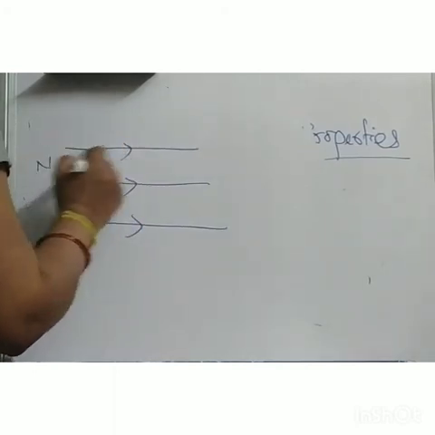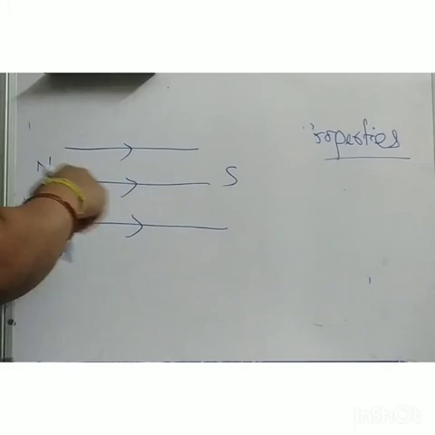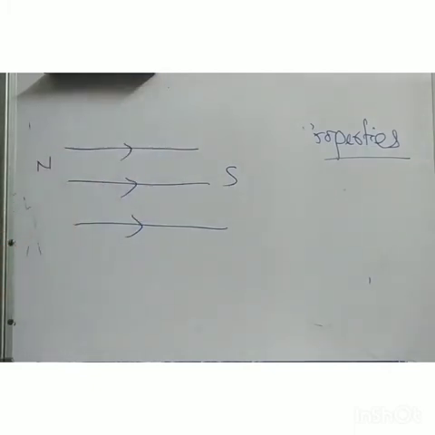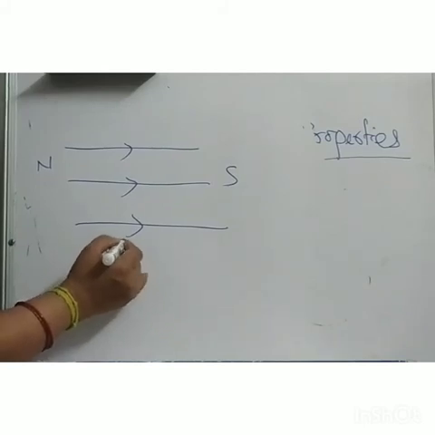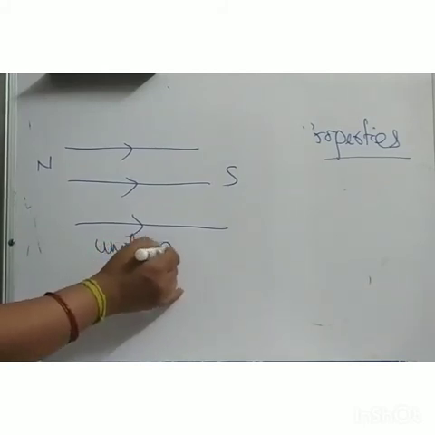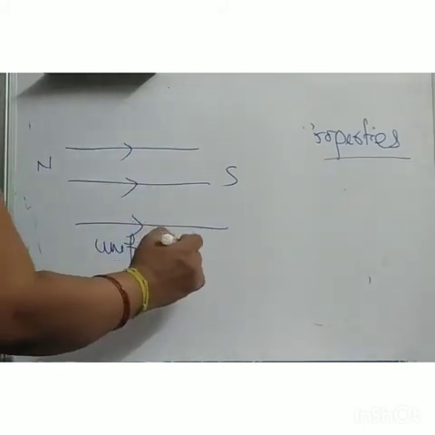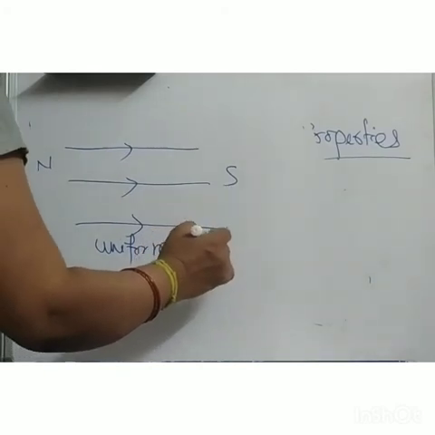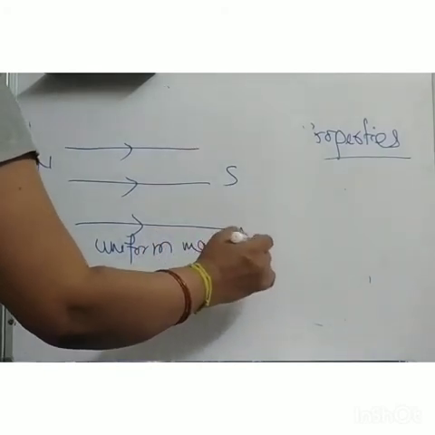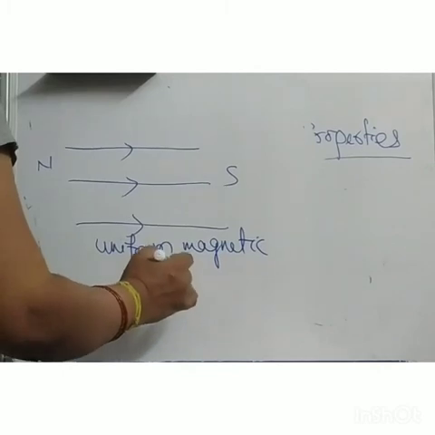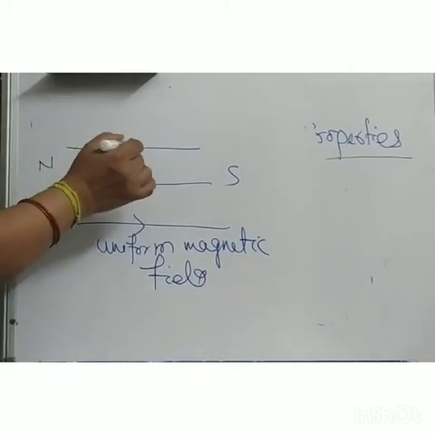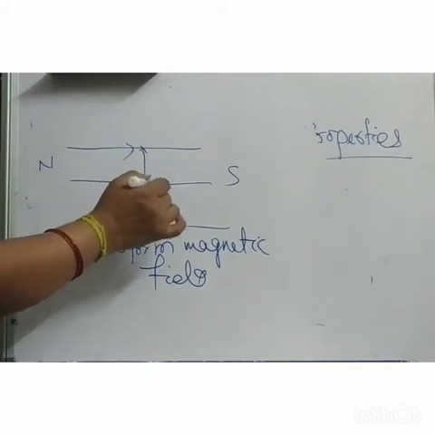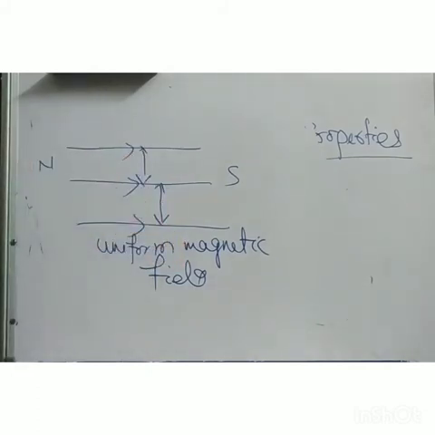Suppose this is your north, this is your south. These are actually parallel poles you have to take. So you will get the field lines. This is your uniform magnetic field. For a uniform magnetic field, you will see parallel and equal distance among these lines. Equidistant magnetic field lines.